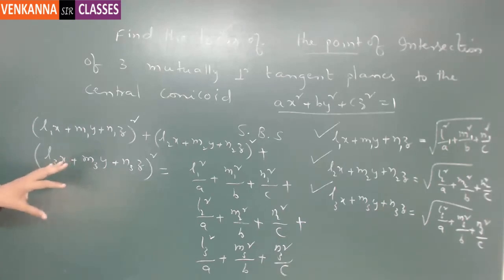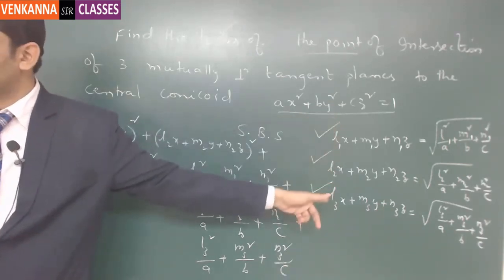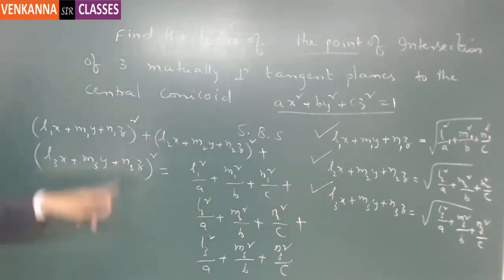So this is the equation we got. We squared both sides for the three equations and are adding the results. Clear?